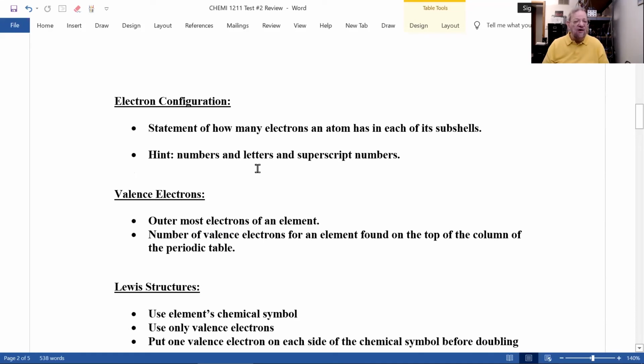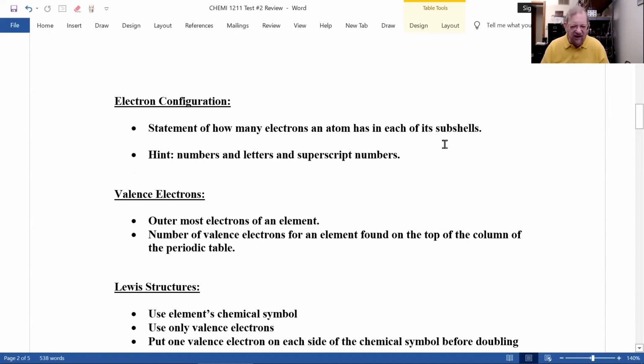Now, one of the things we talked about, and I showed you how to do, is called the electron configuration. That's a statement of how many electrons an atom has in each of its subshells and shells. Remember, a subshell is named by a number and a letter.